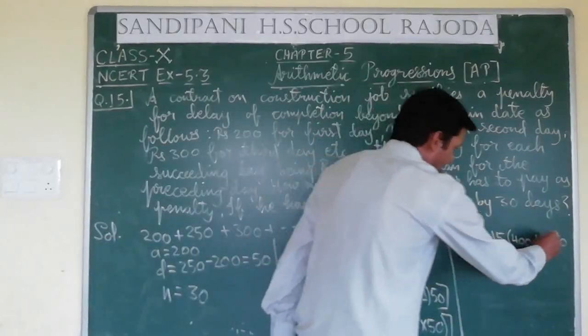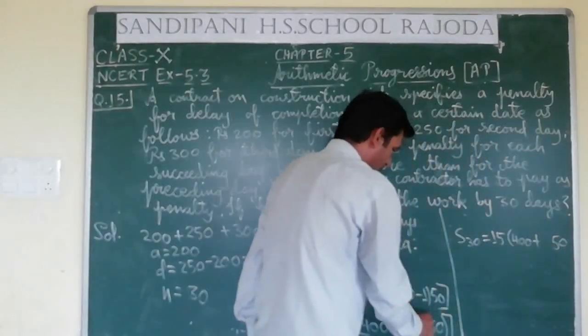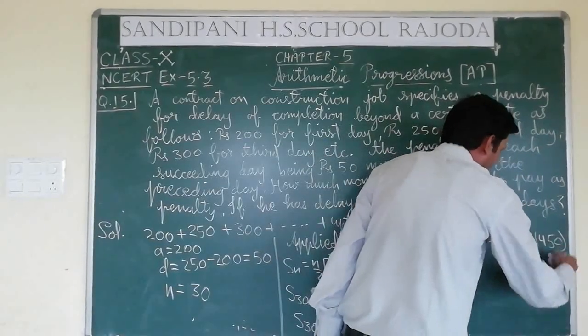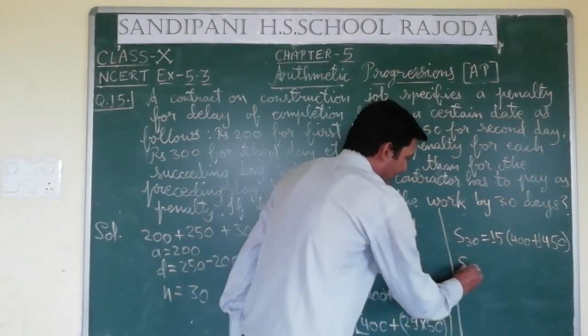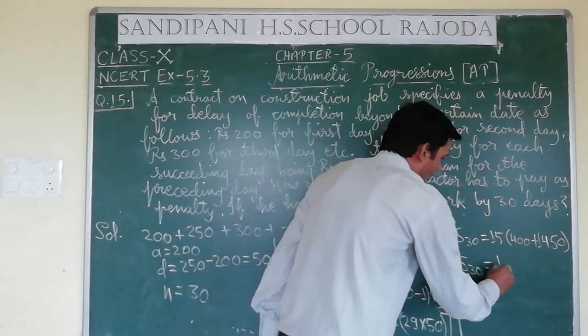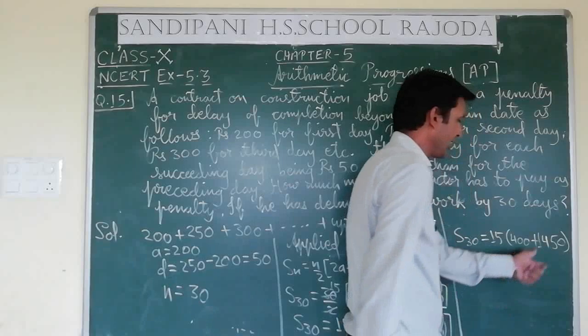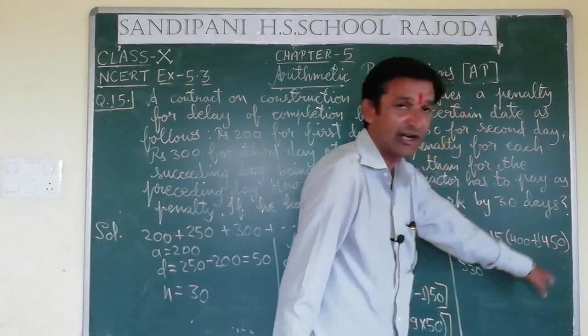Now 5 9 the 45, carry on 4, 5 to the 10 and 4 14, 1450 it will be. So sum of 30 terms is equal to 15 into here 400 and 1450 is 1850.